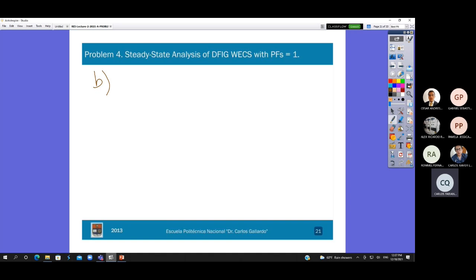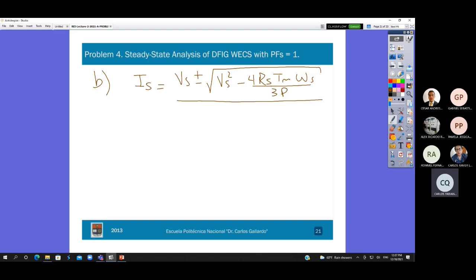In order to use the exact methodology, the stator current is equal to the stator voltage plus minus the square root of the stator voltage squared minus 4 times the stator resistance times the rated mechanical torque times the synchronous speed, the stator speed, over 3 times the number of poles, all over 2 times the stator resistance.